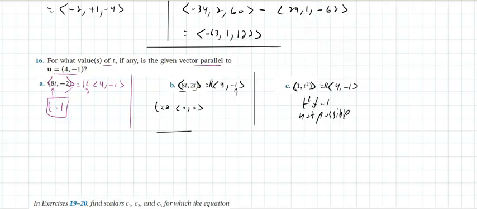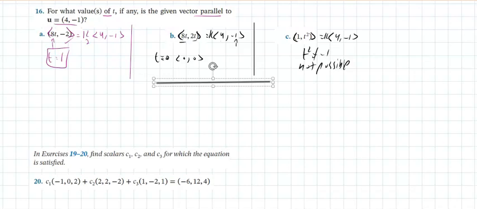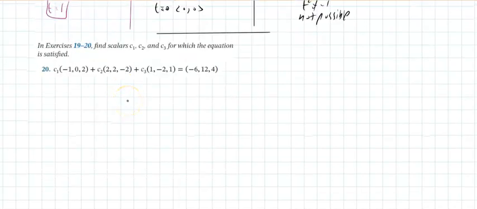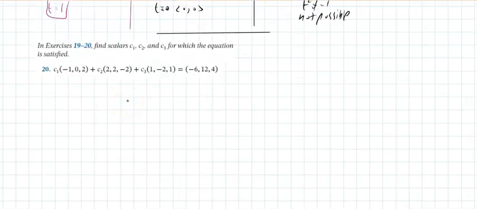Well, again, I've got to shift those a bit. I gave it a lot of space. I wasn't sure. Okay, it says find C1, C2, C3 for which the equations are satisfied. Well, look at that again. If you write it like this, or if you were to write it as ijk, it will make a lot more sense.